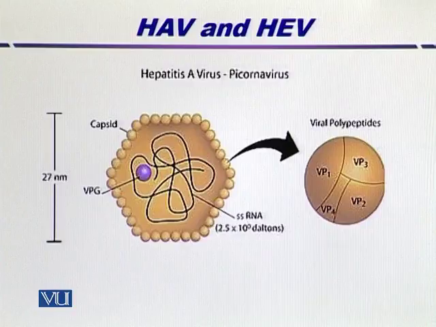Here you can appreciate the head portion of hepatitis A virus as it is enclosed by a capsid containing single-stranded RNA, and here you can appreciate the viral polypeptides as well. There are 4 types of viral polypeptides: VP1, VP2, VP3 and VP4. These viral polypeptides help in the pathogenicity of these viruses.